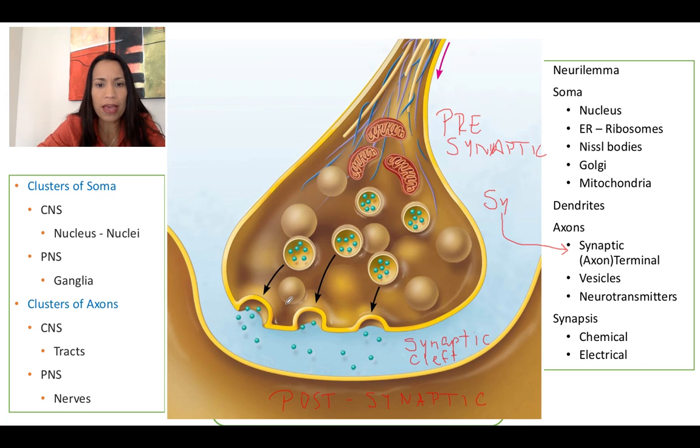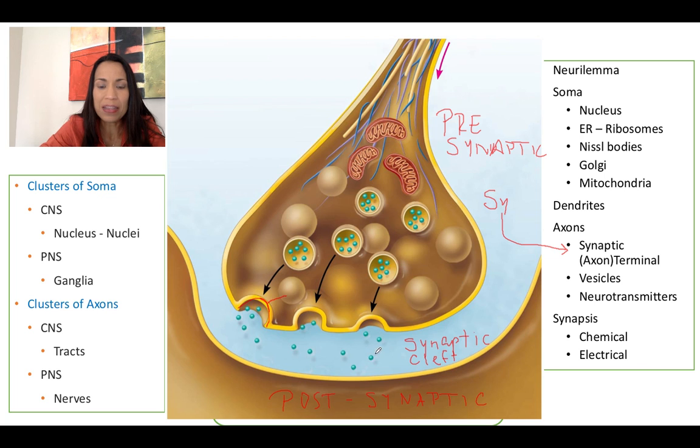And just by exocytosis, if you can remember that process, the membrane of this neuron fuses with this and empties all the content, all the neurotransmitter, within the synaptic cleft.